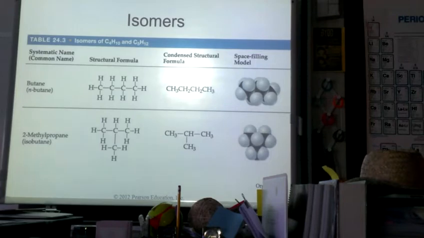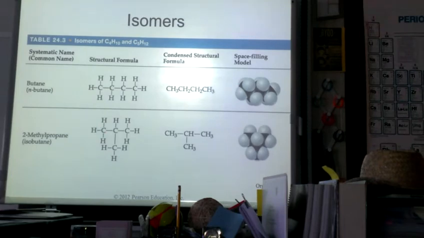There's one extra thing in terms of alkanes that I want to point out. The only reason I'm pointing this out is because oftentimes on the AP test, at least I've seen this within the last 4 or 5 years, they've brought up the term isomer, and they don't expect you to know what an isomer is, but it's really beneficial if you have that background. So I have 4 carbons in this structural formula, but I also have 4 carbons in this structural formula.